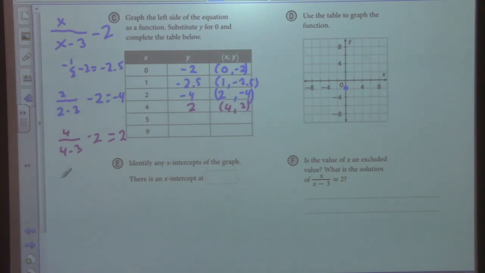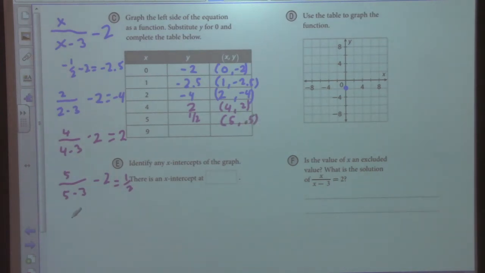And if we plug in 5, we get 5 over 5 minus 3 minus 2. So we get 5/2 minus 2, which is going to be 1/2. So we get right here, we'll call this 5, comma 0.5.